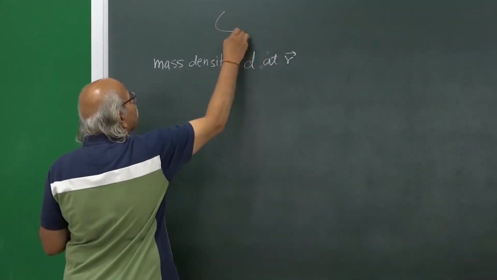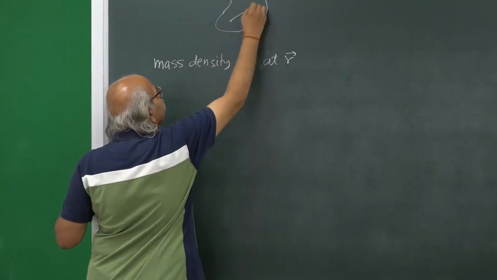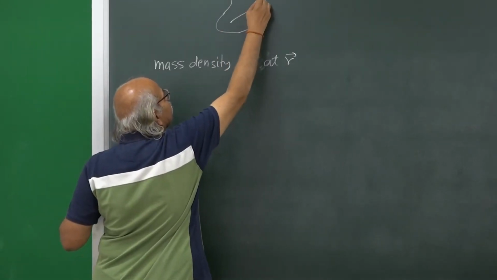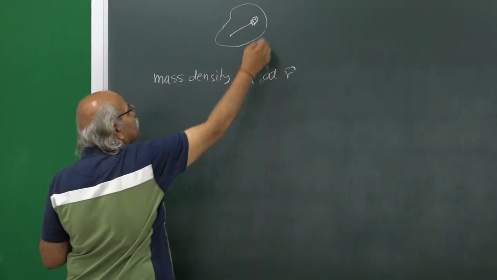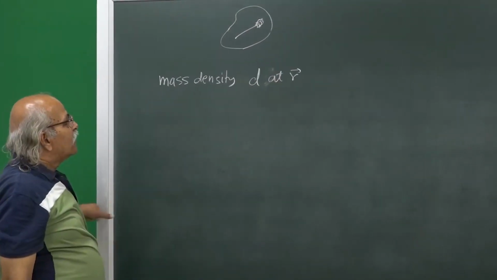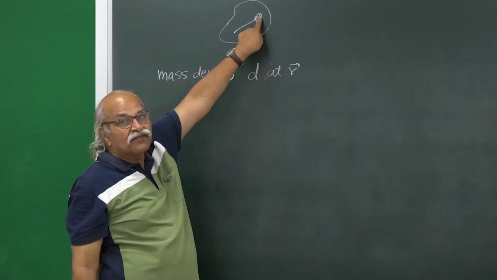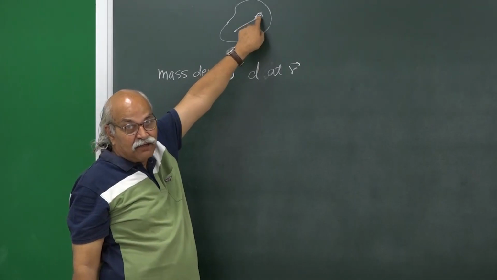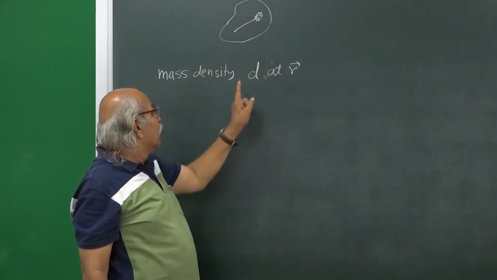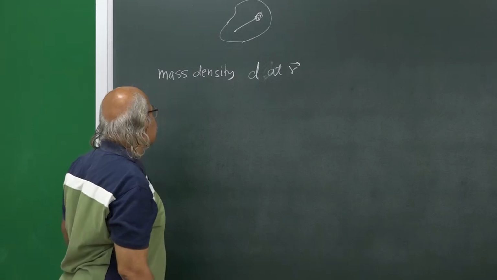At a certain position in the material, I make some small volume d tau, and ask how much is the mass of this divided by the volume, that is mass density, and that is, let us say, d.